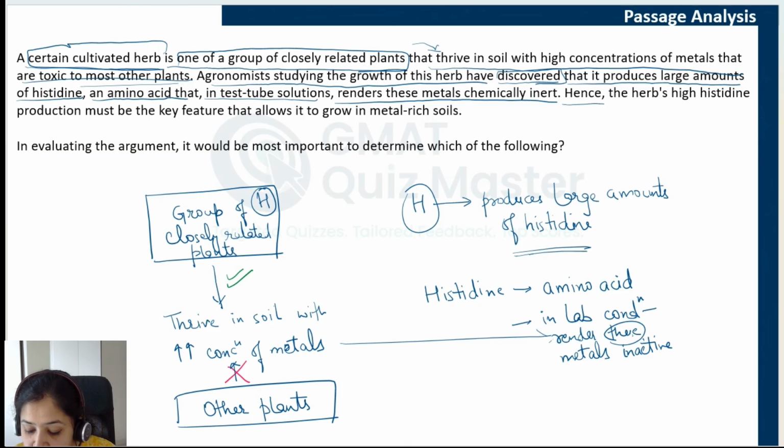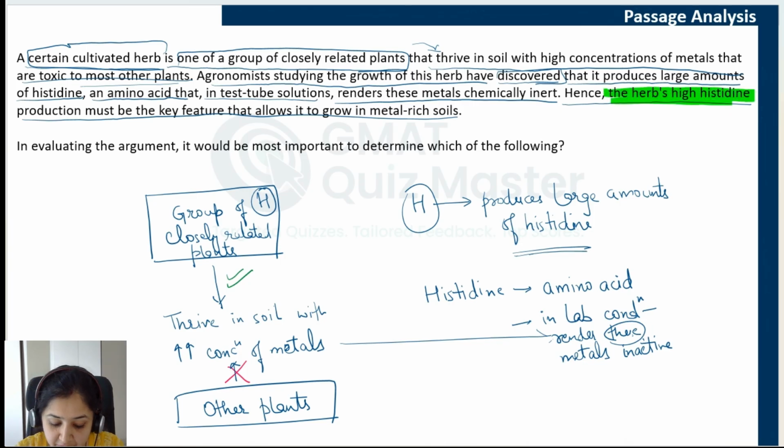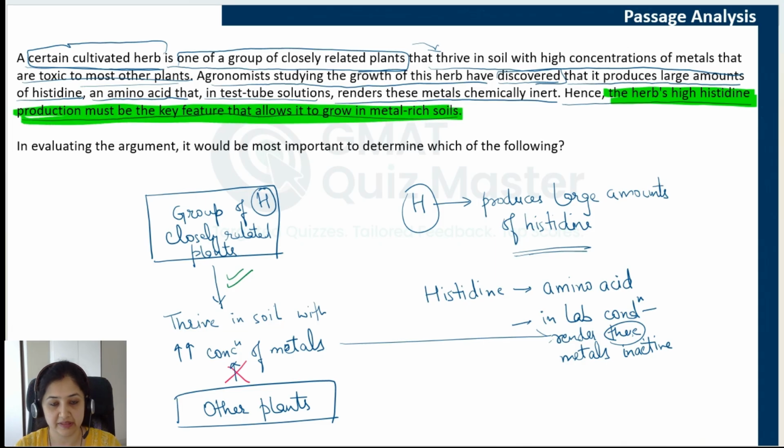Hence, the herb's high histidine production must be the key feature that allows it to grow in metal rich soils. So, what is the conclusion here? The conclusion is that the herb's high histidine production must be the key feature that allows it to grow in these soils. So, the important thing to understand here is this must. The conclusion is saying that it is because of this feature this plant can survive in the toxic metal soil, right?